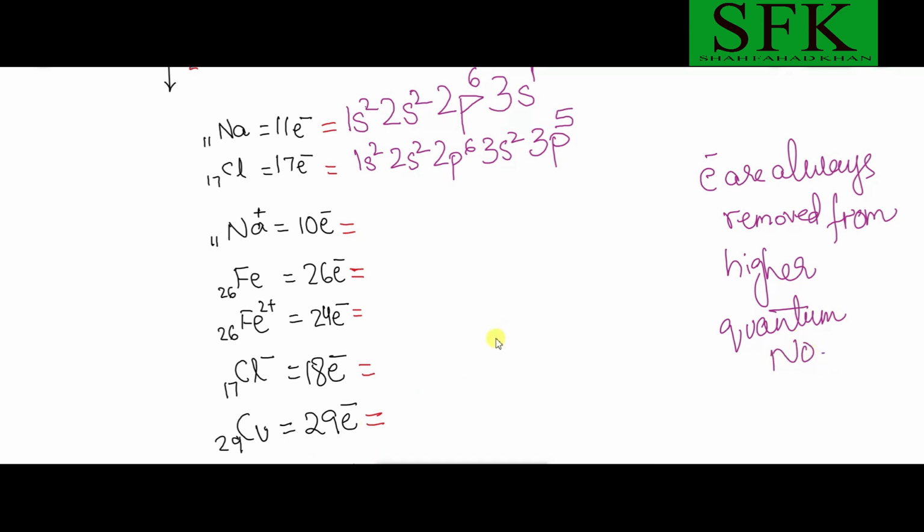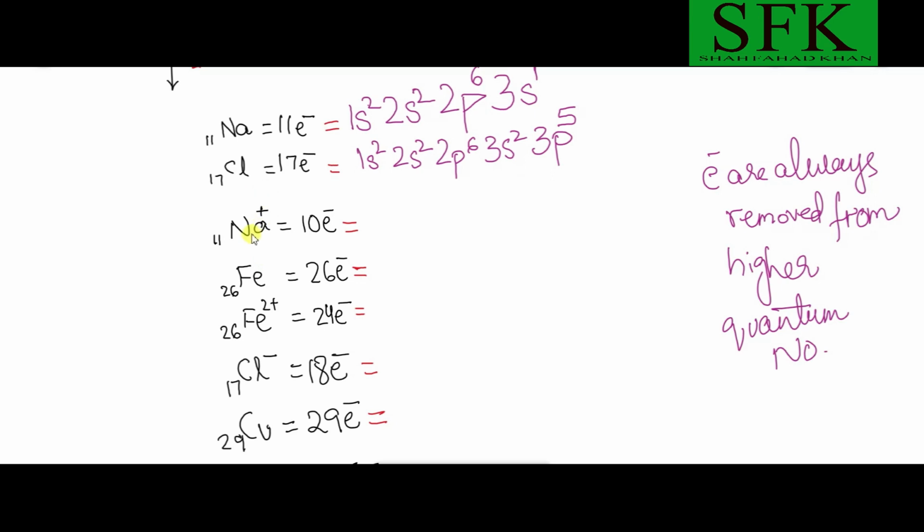So in the formation of the sodium positive ion, the highest quantum number is the 3s. The 3s electron will be lost, and 1s2, 2s2, and 2p6 will be the electronic configuration of the remaining electrons. So 1s2, 2s2, 2p6 is the electronic configuration of the sodium ion with one less electron.